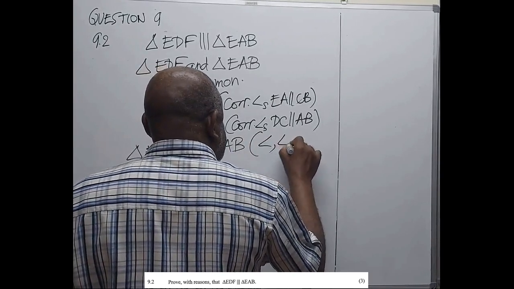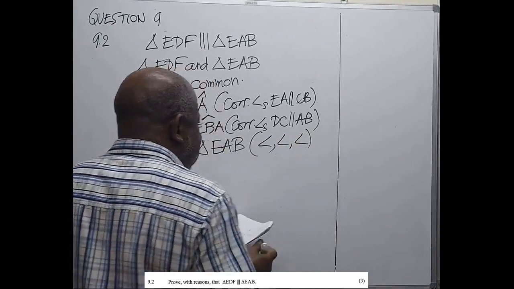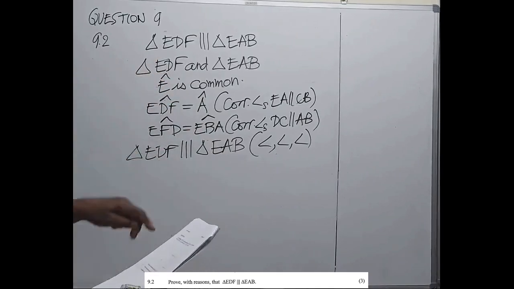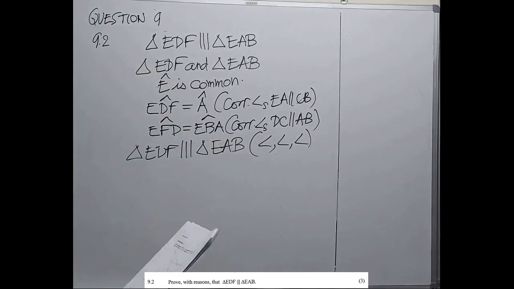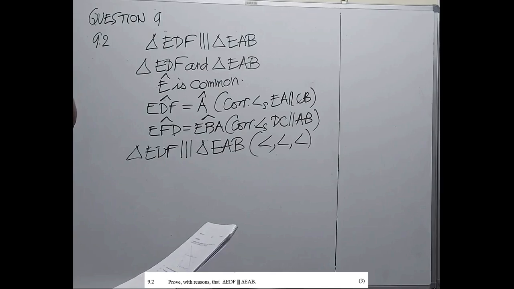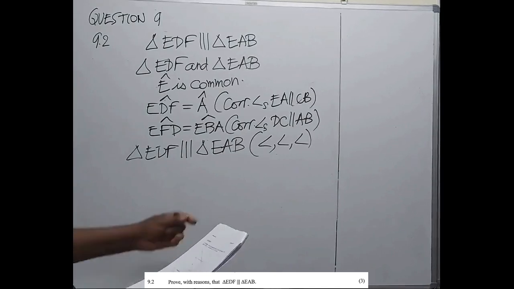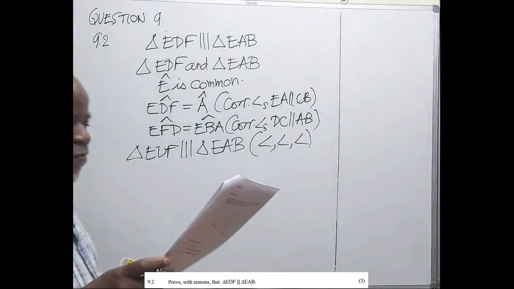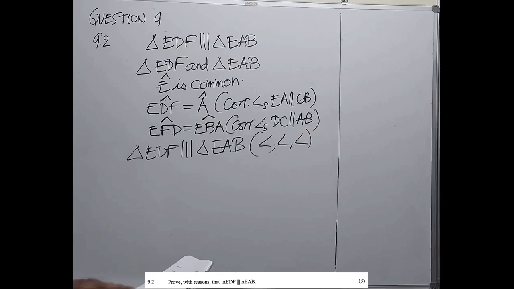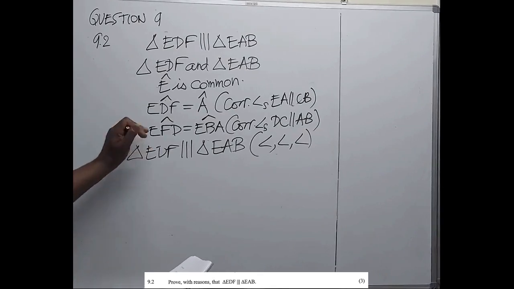We're going to write that in the case of the triangles, angle E, angle A, and angle EBA. And we have done the proof of question 9.2. These are the reasons. Now we're going to take the last question, that is going to be 9.3. Let me clean the board for some space.